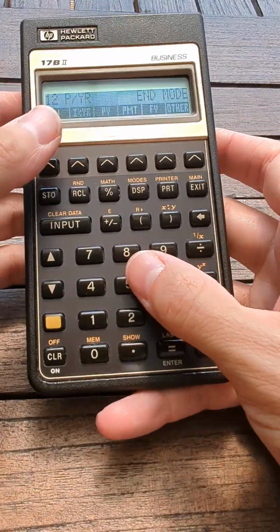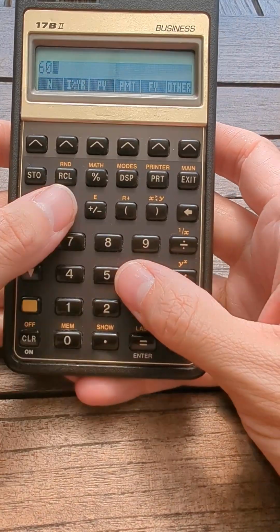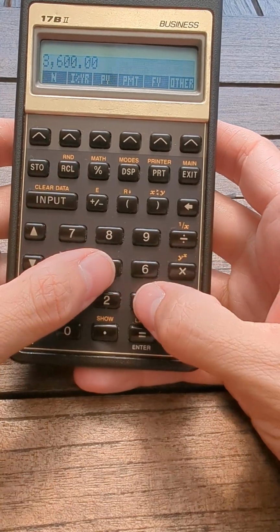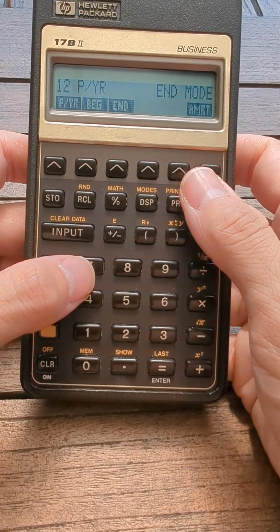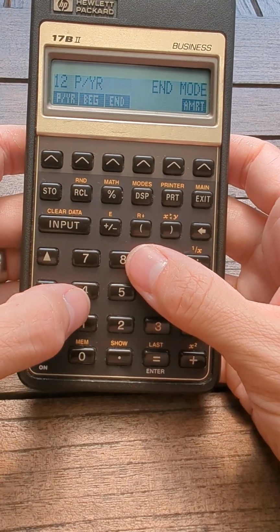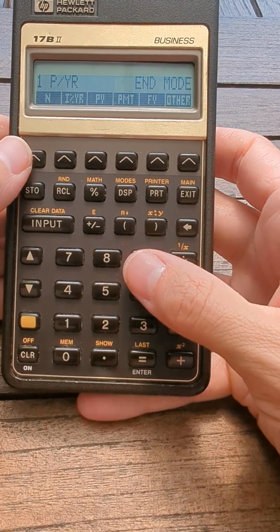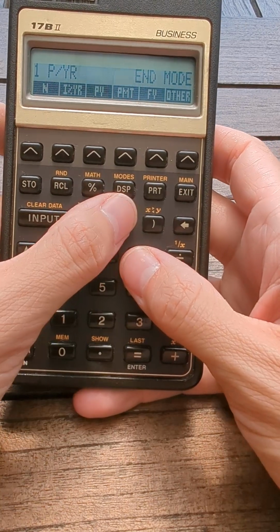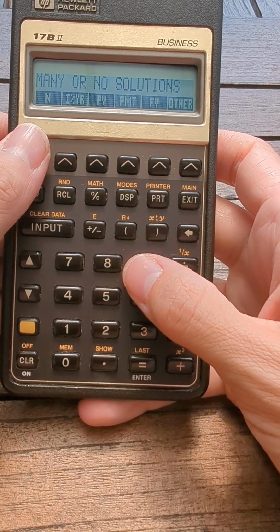So have a look on this one. So you can't put in that enormous number into the payments per year. So it needs to be 1 into here. So that needs to go into N.